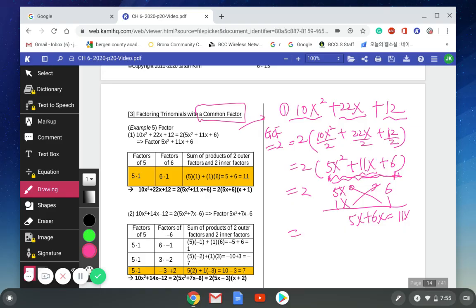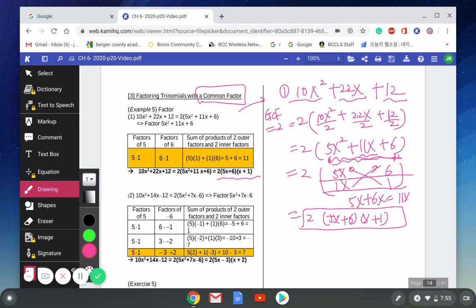So this setup, including 2, so 2 with 5x plus 6 and x plus 1 becomes your final answer. But the important thing is that when there is a greatest common factor of 3 terms, you always have to factor it out first. That's the first thing you do when you try to do the factoring.